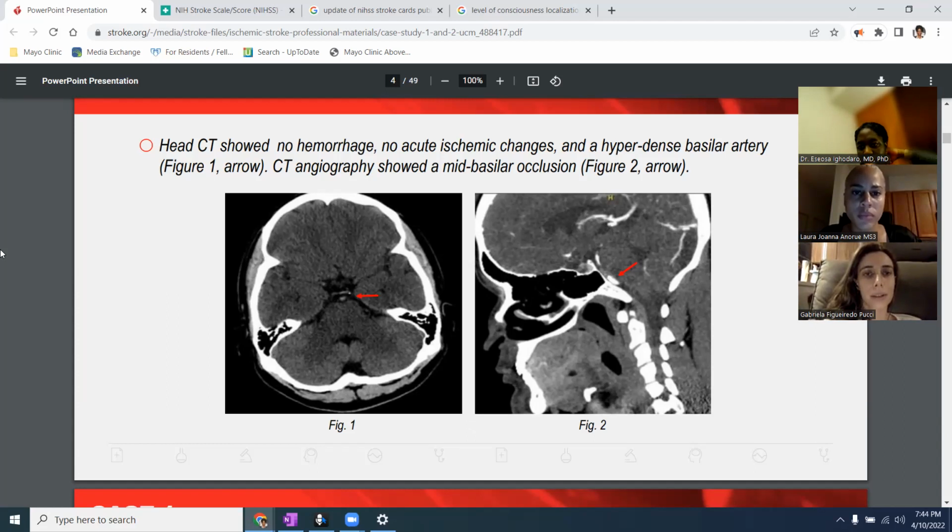For a stroke in a young person, we have to think about artery dissection, especially if the person doesn't have any risk factors. We don't know about him, right? But the classic ones like hypertension, diabetes, obesity, and so on, dyslipidemia.